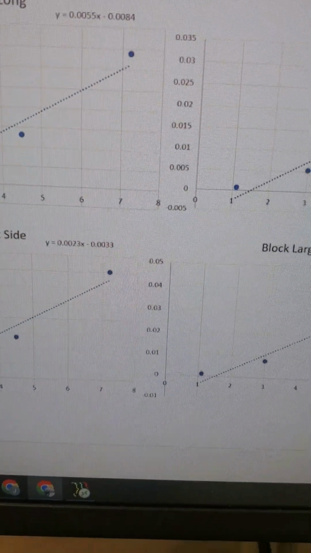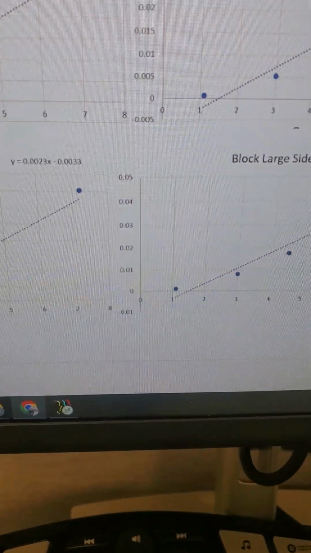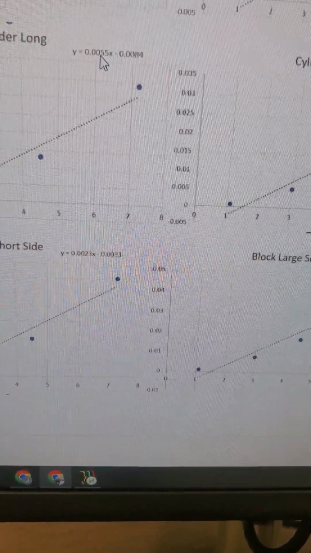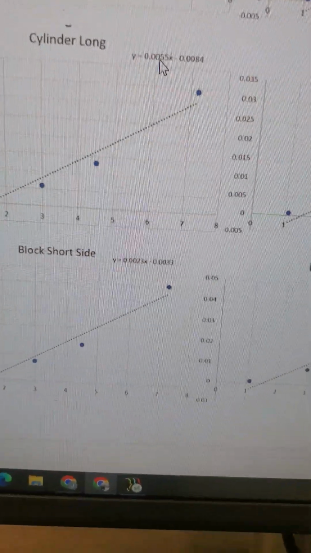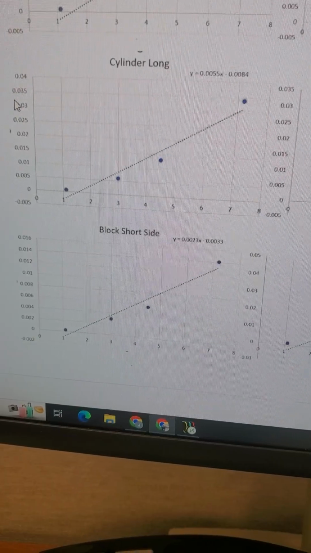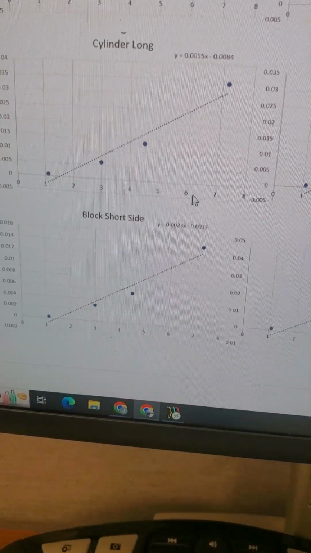So instead of plugging in the whole 1/2 rho c a v squared, I actually just used the slope from the graphs that I made last time. So this is the slope of the force based on the velocity of the air.